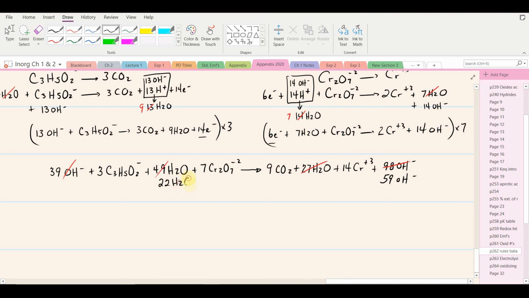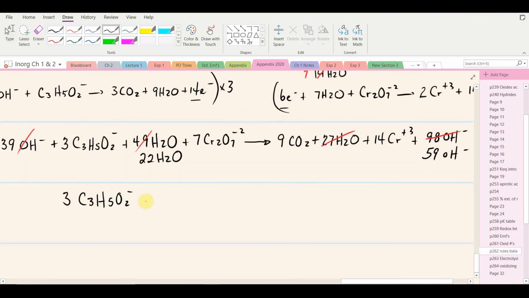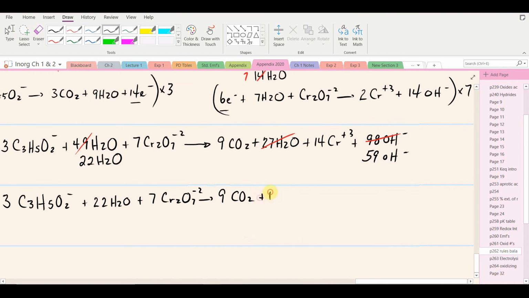I'm just going to rewrite this. I'll say 3 C3H5O2, that's propanoate, plus 22 water molecules plus 7 dichromate goes to 9 CO2 plus 14 Cr plus 3 plus 59 hydroxide.